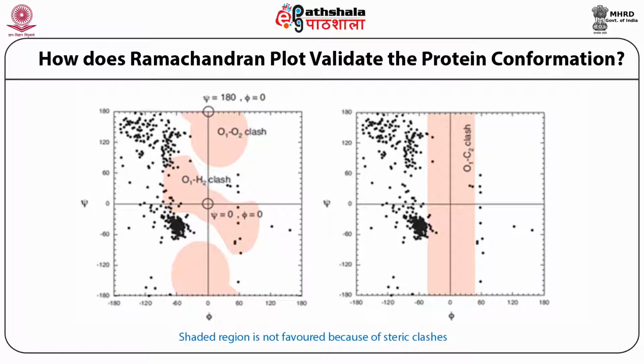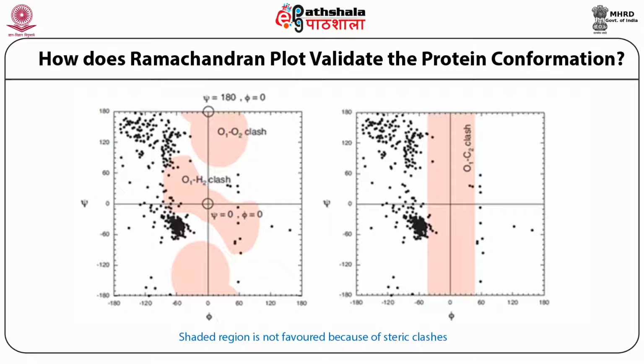In both the diagrams, the shaded regions show what type of clashes are possible. For example, in the first diagram you can see an O1, O2 clash. So these are the regions where O1 and O2 collide with each other. So these areas are not allowed, meaning these phi-psi combinations are energetically unfavorable. In the same way, in the middle region you can see an O1, H2 clash, meaning in this phi-psi combination, O and H collide, which is energetically unfavorable.